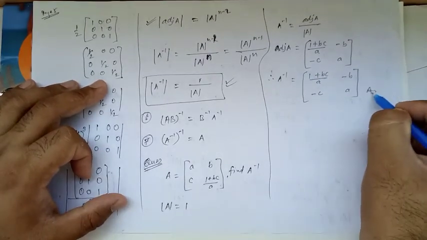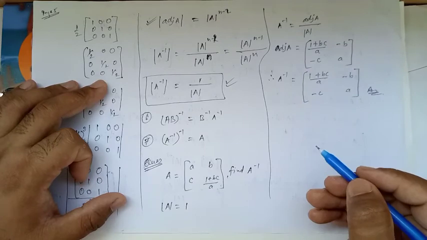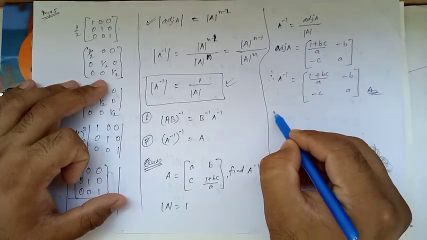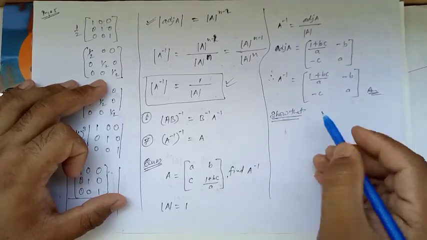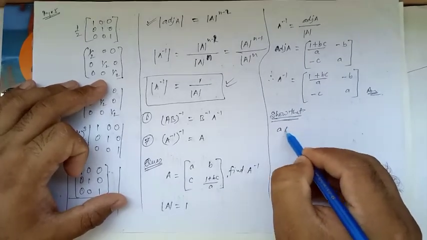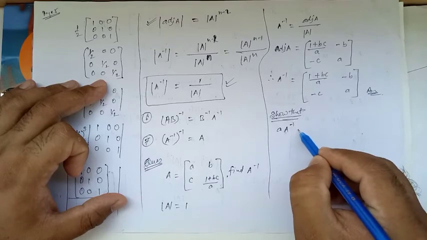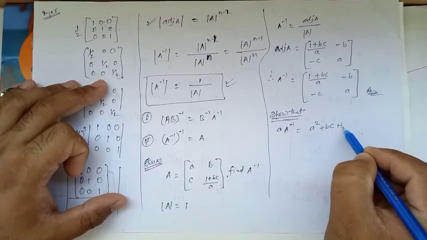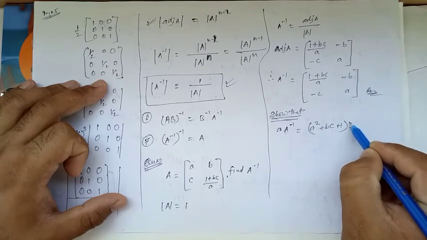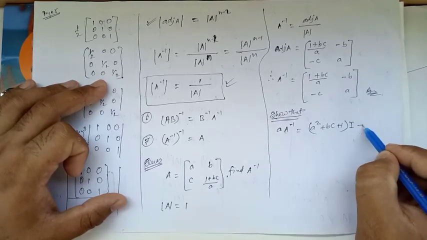This is the answer for the first part. The second part says show that A into A inverse equals (A square plus BC plus 1) into I minus A.